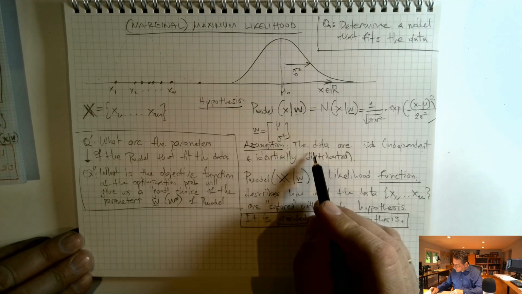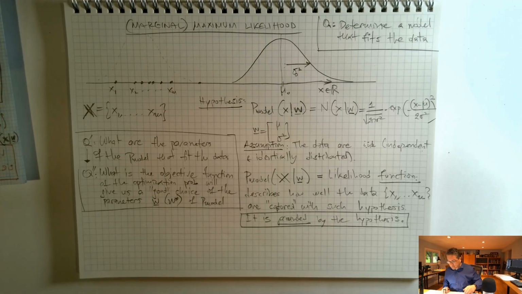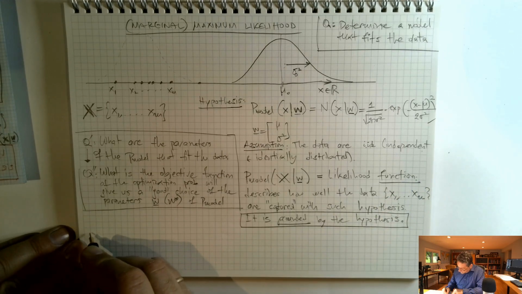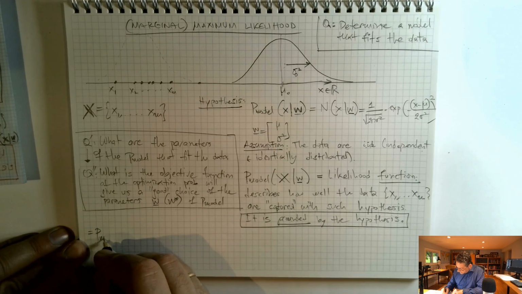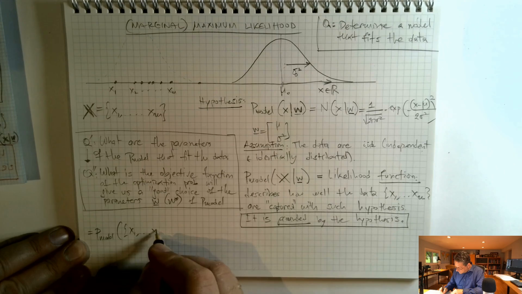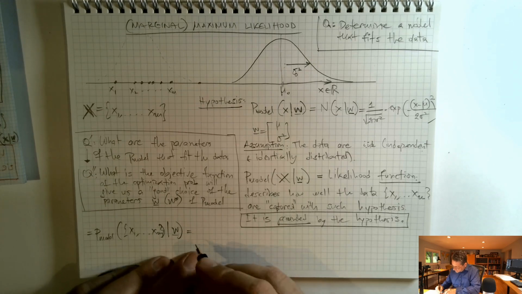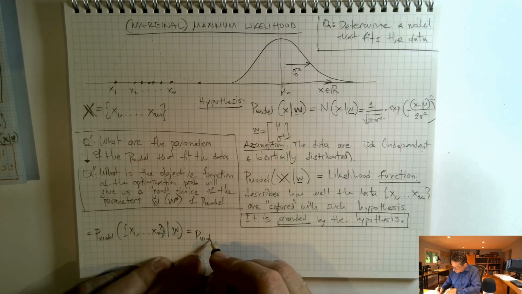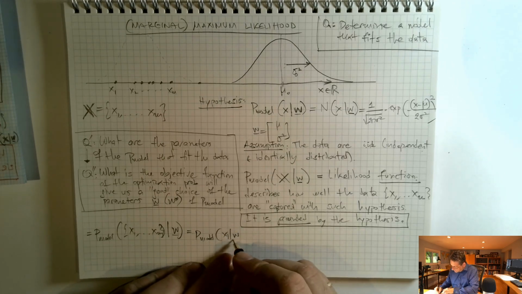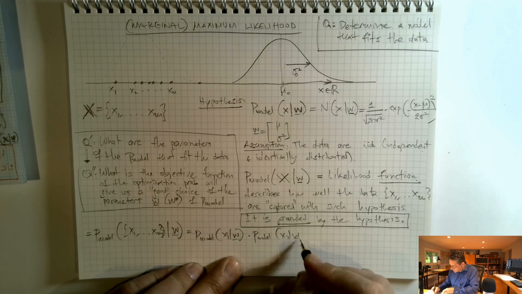So we made an assumption that the data are independent, and if you go back to the discussion we had about the product rule, then you can realize that we can now write this p-model of x1 to xm given W as the product of p-model of x1 given W, because of the independence assumption, times p-model of x2 given W, and so on.